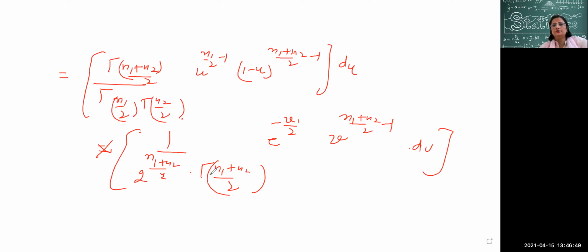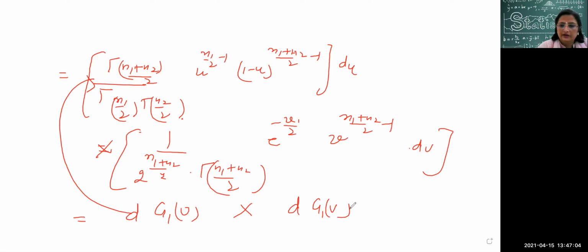So the joint got expressed as two separate marginals. Okay? You can directly say this is g1(u) into g1(v), where g1(u) is this one and g1(v), the marginal differential of v, is this.